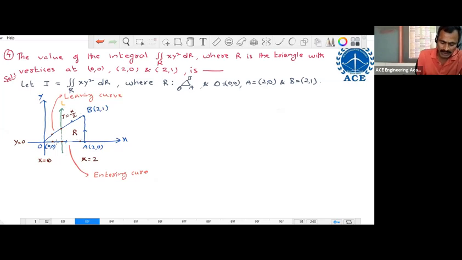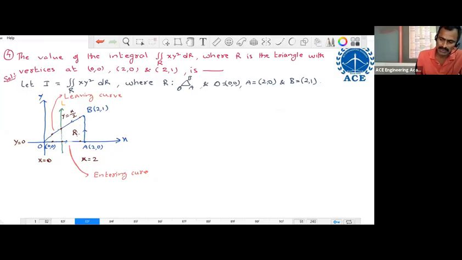Like this, we can draw lines from 0 to 2 at any point. For each x, y varies from this curve to this curve. If you observe, all the heights parallel to the y-axis are not the same.